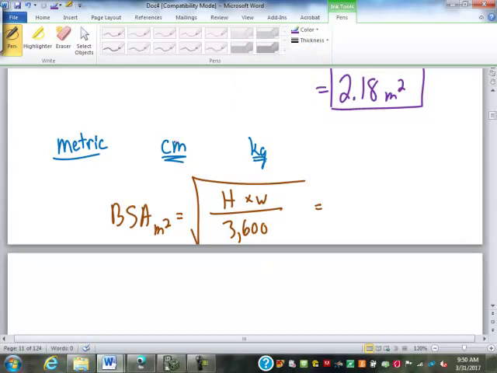So let's say we have a patient who is 180 centimeters tall and 90 kilograms.